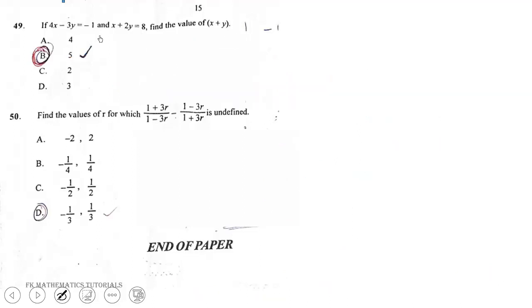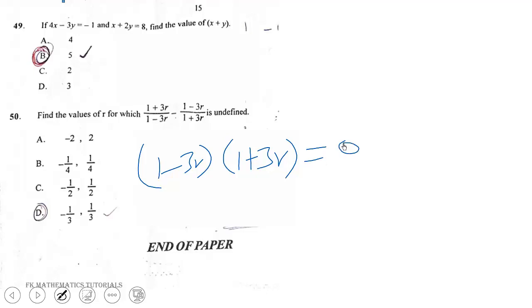We have to find the values of r for which 1 plus 3r minus 1 minus 3r is undefined. So we find the LCM. The LCM will be 1 minus 3r and 1 plus 3r. If the LCM is equal to 0, then the expression will be undefined. So we have either 1 minus 3r is equal to 0 or 1 plus 3r is equal to 0.